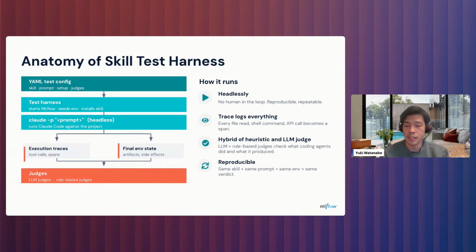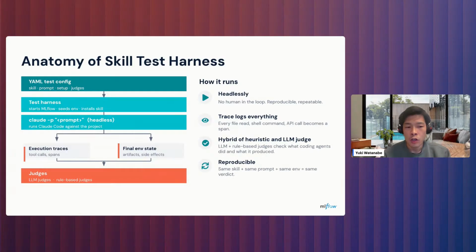For example, it might change the environment, like installing some libraries. So instead of inspecting that outcome itself, we can look at traces and what happened during the execution. Then we can easily spot, okay, this library is installed, or this code is edited. So tracing is a very important aspect of how to evaluate a skill.